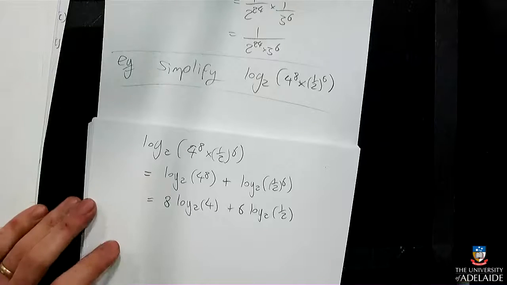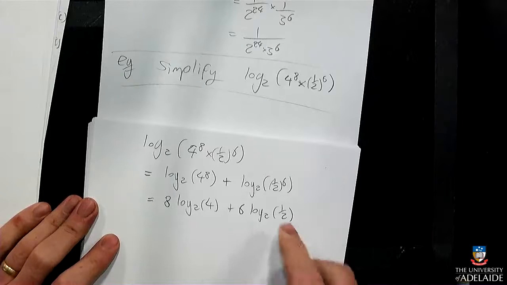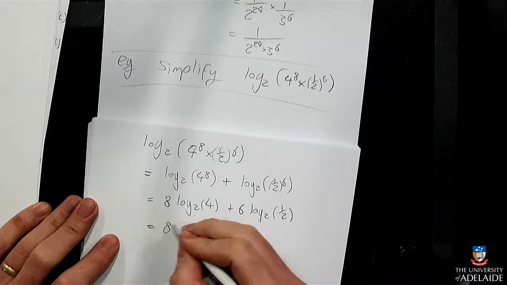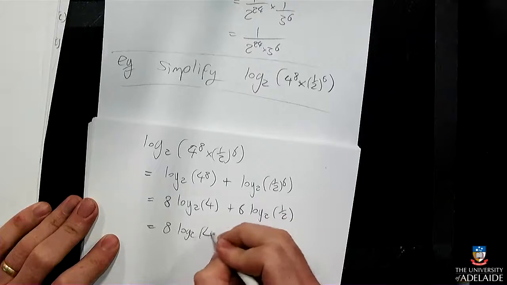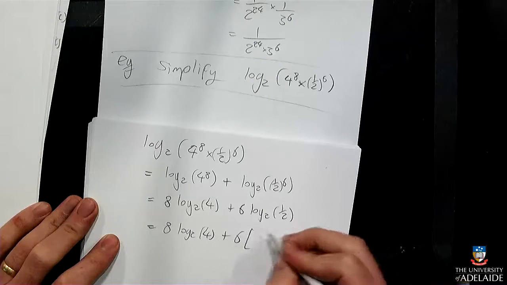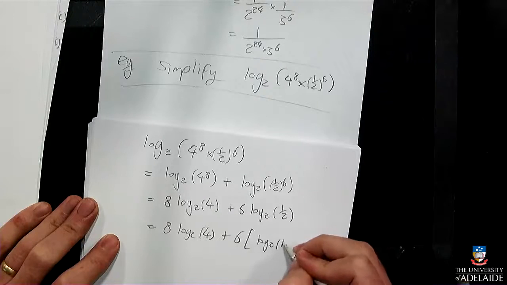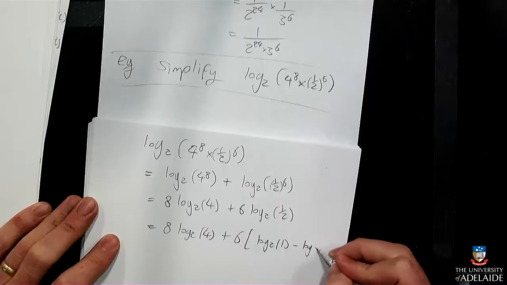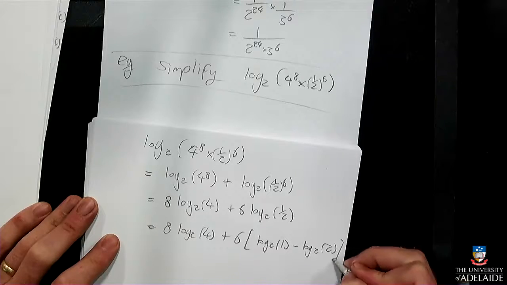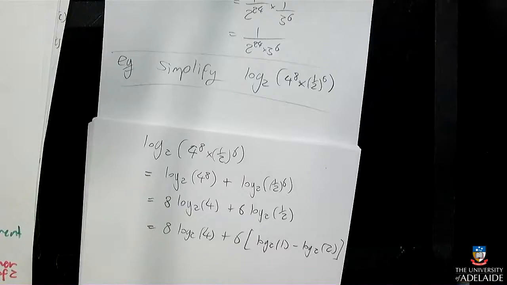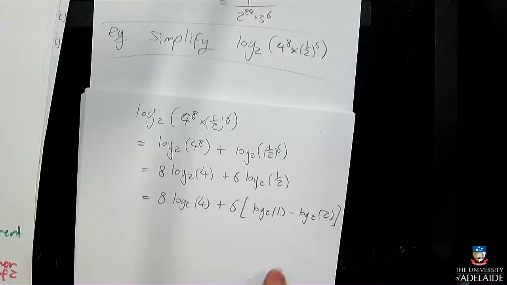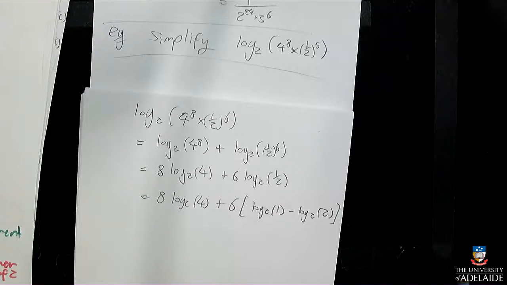What else have we got? Well, that's a division there, so we could totally use the rule for division on the inside. Is subtraction on the outside. And I know what log base 2 of 1 is. Log of 1 is always 0.